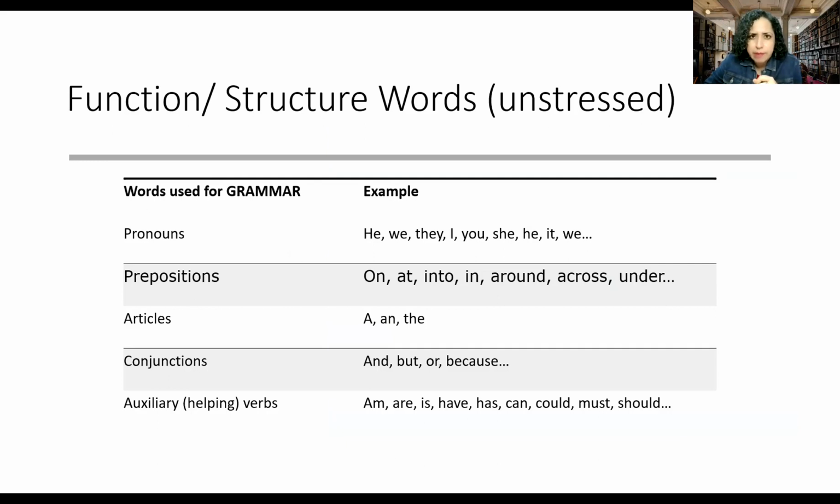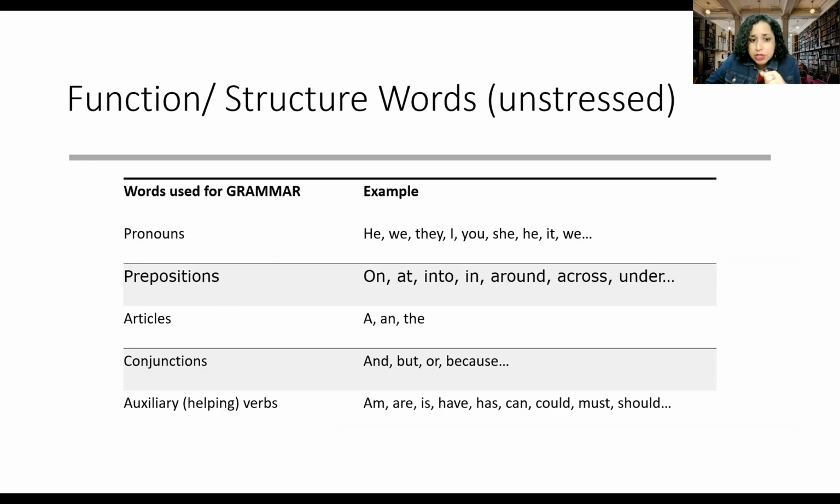You don't need to stress them, because they are functional structure words. Prepositions like on, at, into, in, around, across, and under, you don't need to stress them. Articles like a, and the. Conjunctions like and, but, or, because, and more.